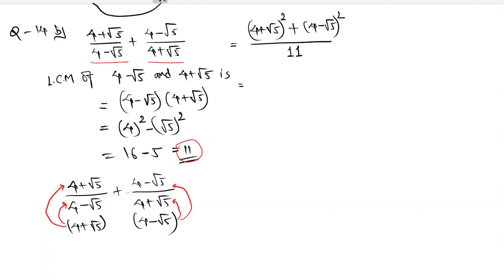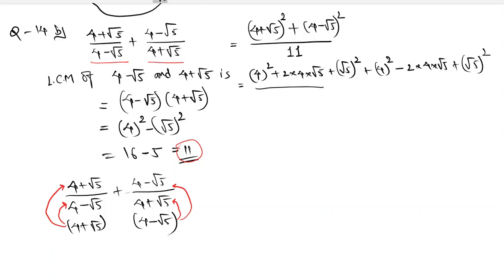Open the brackets. 4 plus root 5 the whole square: 4 square plus 2 into 4 into root 5 plus root 5 the whole square, plus 4 square minus 2 into 4 into root 5 plus root 5 the whole square, the whole divided by 11.